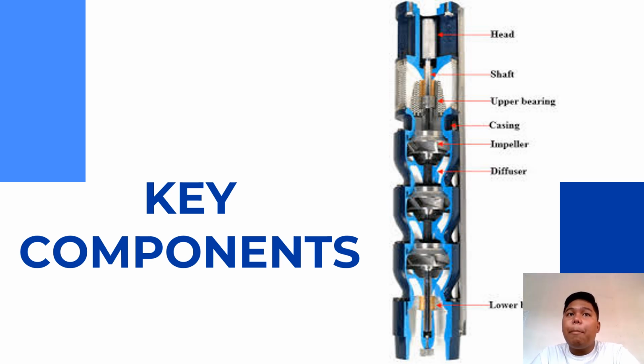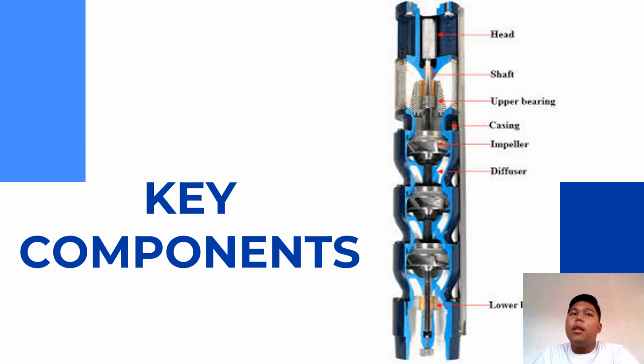So next, the upper bearing. Its primary function is to stabilize and align the rotating shaft, which connects the motor to the impeller. Next, the diffuser. The diffuser directs fluid from the impeller to the discharge outlet while converting kinetic energy into pressure energy.